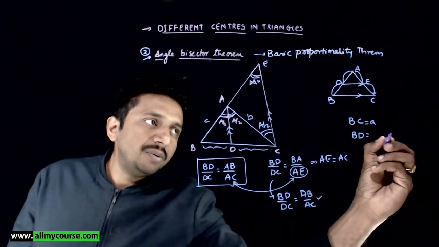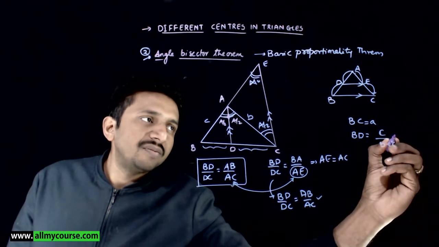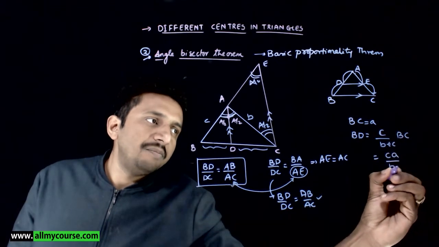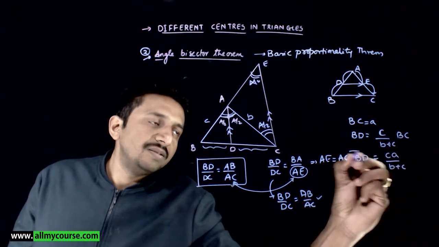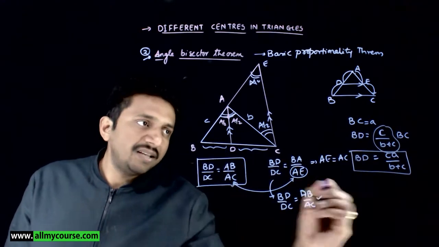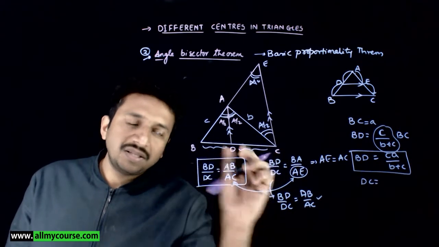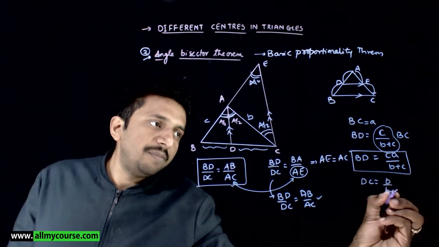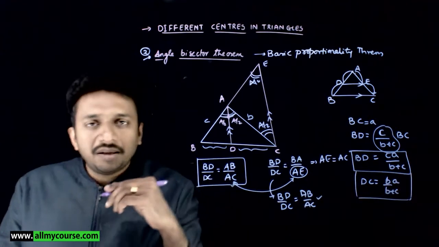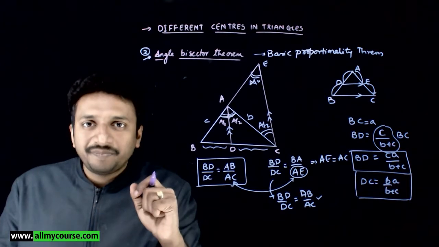So BD is equal to C by B plus C times BC, that is CA by B plus C. And DC is equal to B by B plus C times this total side A. So DC is equal to BA by B plus C, BD is equal to CA by B plus C.